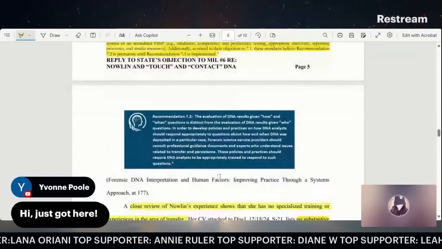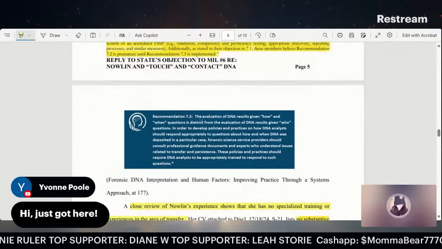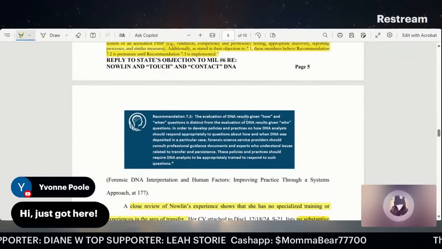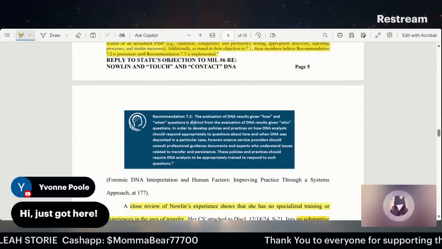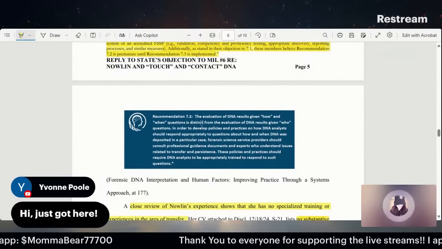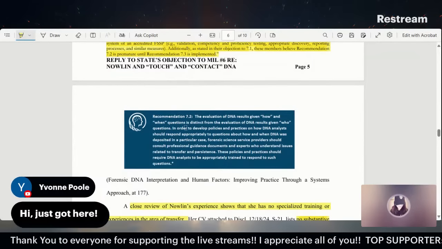Then they give us that here, 7.2. Recommendation 7.2. The evaluation of DNA results given, quote, how and when questions is distinct from the evaluation of DNA results given who questions.